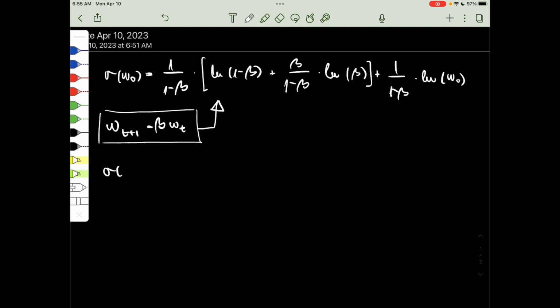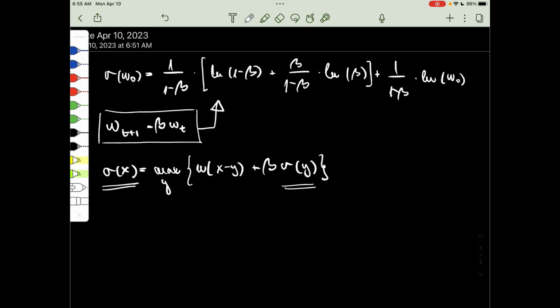So if we go back to the previous slide, in general, this is the way we attack a problem with the Bellman equation. This is the Bellman equation of a similar problem. On the left, we have the value function, and on the right, we have the same value function.